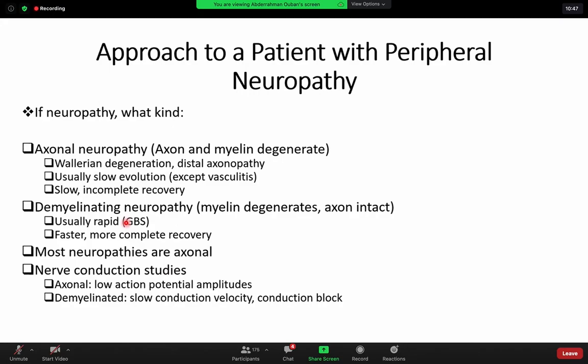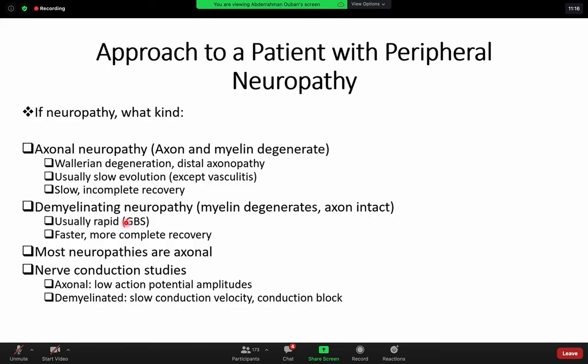So most of the time it is going to be distal axonopathy, related to neuronal body disease. And the axonal ones, especially the distal axonal ones, evolve at a slow pace, except when it is related to vasculitis, where it becomes faster, but still way less than what you see, for example, with GBS.